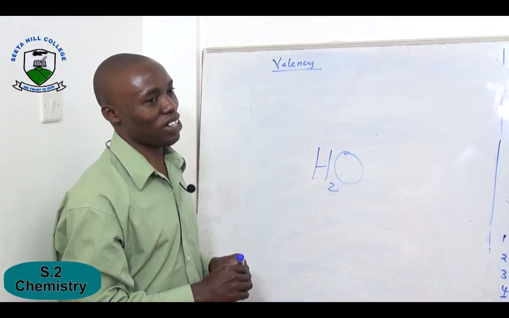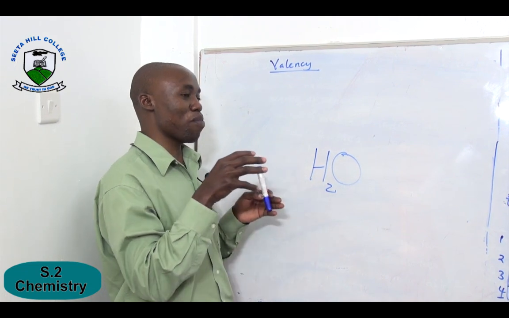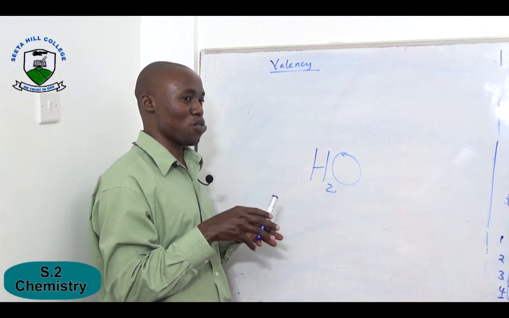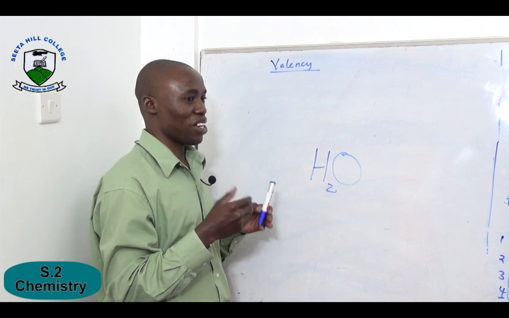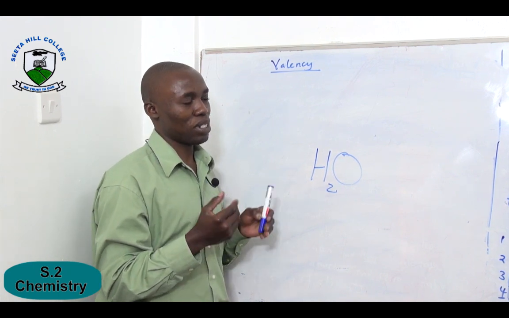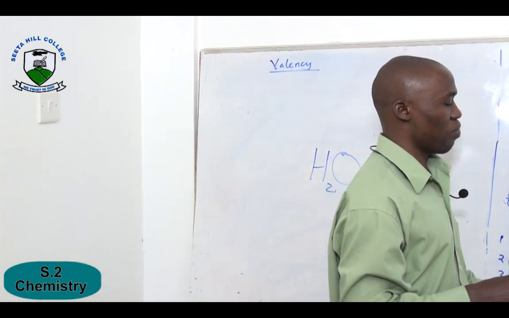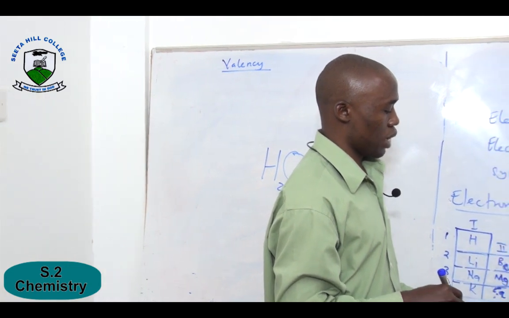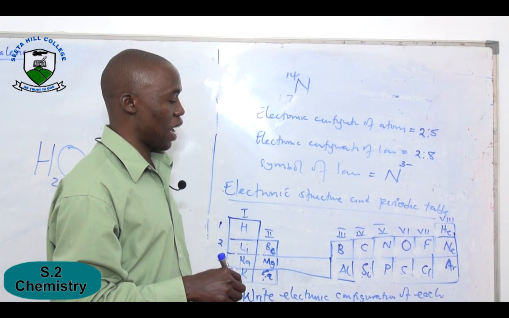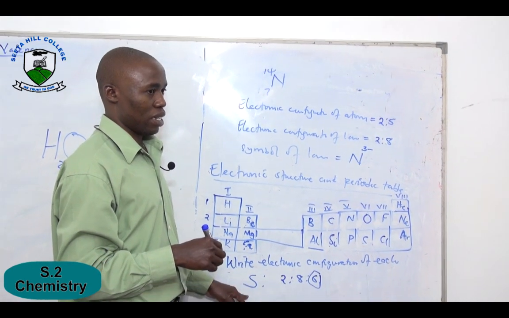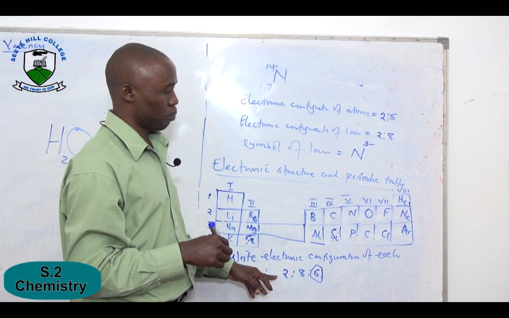I'm discussing now the next subtopic, valency, because valency will throw me direct to the chemical formula. But if I asked you to write the symbol for sulfur ion formed, you know that will it gain electrons or lose? To gain.